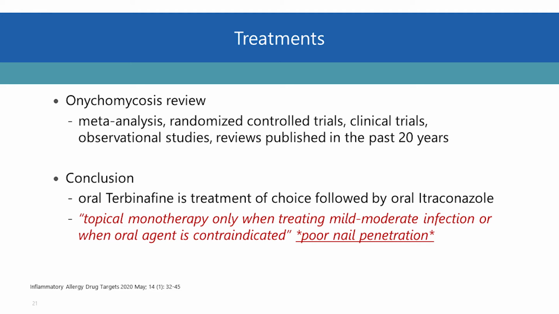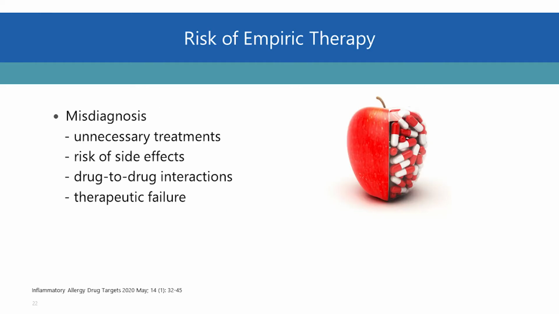These are not based on empirical anecdotes. The reason why is because, again, there are risks of empiric therapy. Risks of empiric therapy immediately may lead to misdiagnosis. And then if you have a misdiagnosis, these can lead to unnecessary treatments. There are risks of side effects to some of these medications.